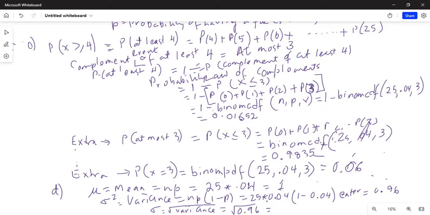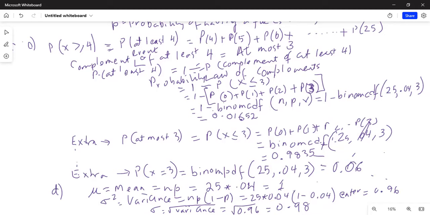That gets you the square root. Now we want to put 0.96 inside the square root. Type in 0.96 and hit enter. And the answer is 0.98. So what does it mean? On the average, 1 out of 25 will have the flu, and the standard deviation will be 1.